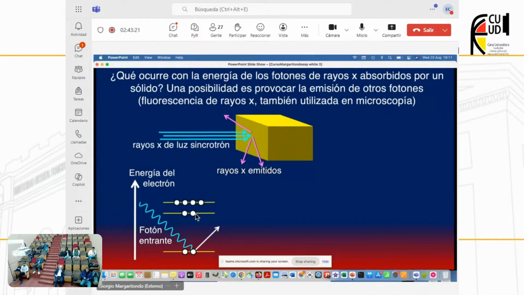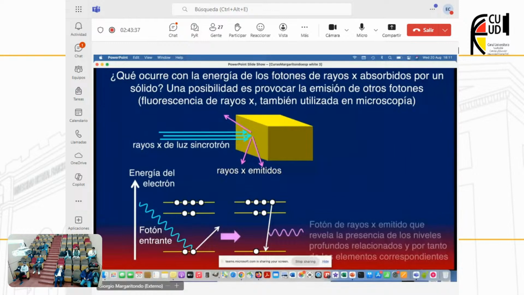There are occupied states at higher energies. Of course, the system is unstable, and therefore there must be some kind of mechanism to make it stable again. And one possible mechanism is indeed an electron from a higher level jumping down to the core level and losing energy in form of a photon.